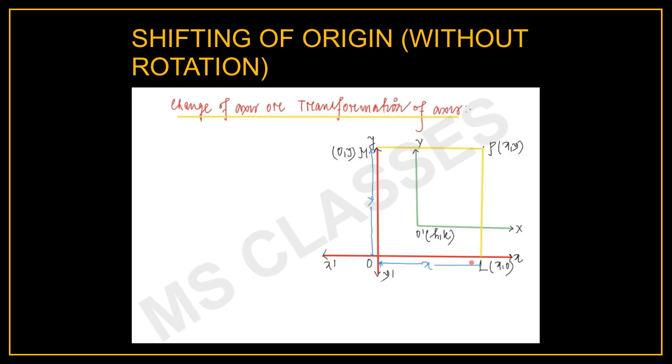So this is x which you have got, this is y which you have got, with respect to the original coordinate system. Now with respect to the new coordinate system, we can see that here we have a perpendicular.